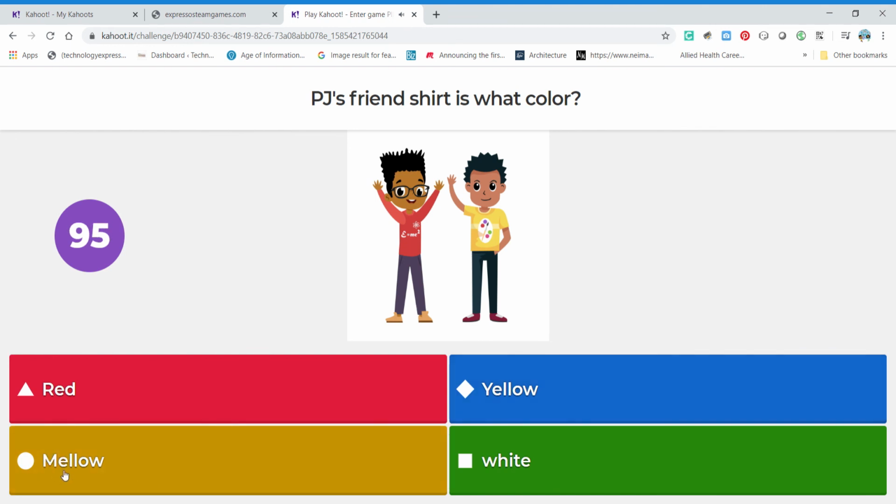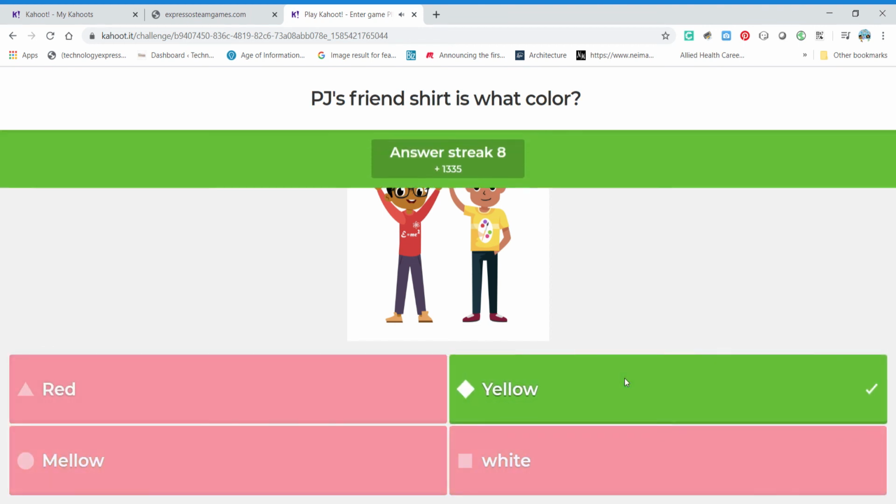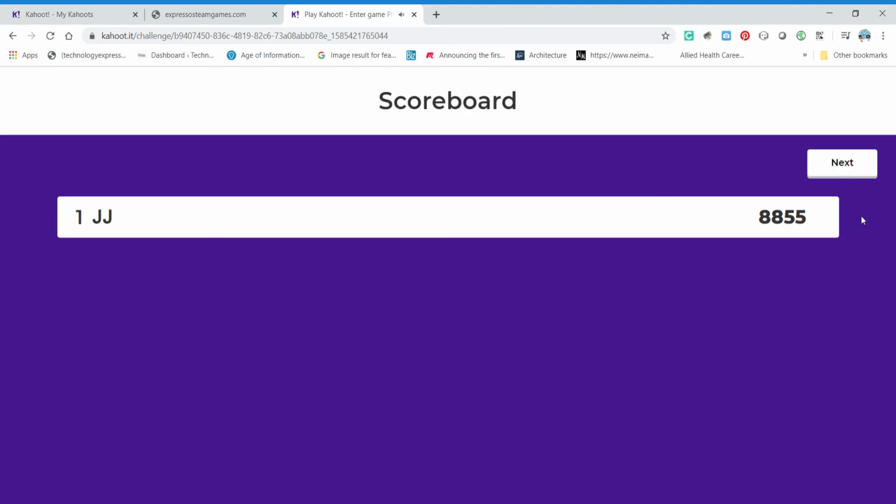And this starts with an M. Even though the background looks close to his shirt, the word says mellow. So if you're still with me, then you know the right answer is yellow. There you go. That was a tricky one. Sometimes they get tricky as you go along. Just making sure you're paying attention.